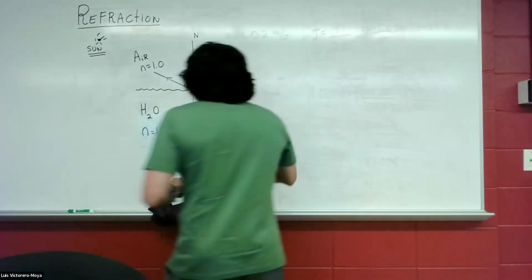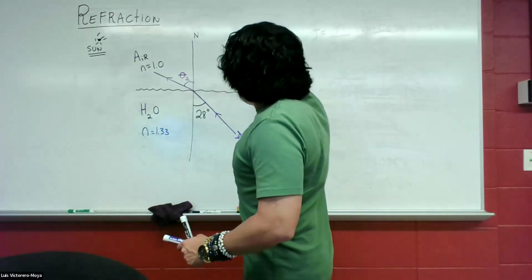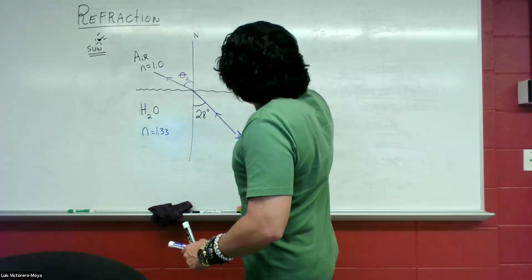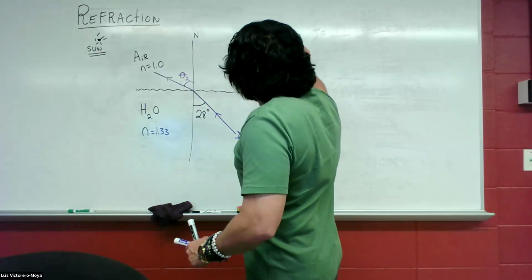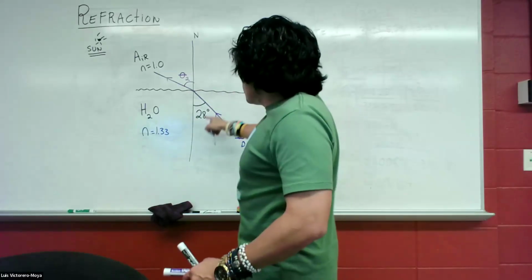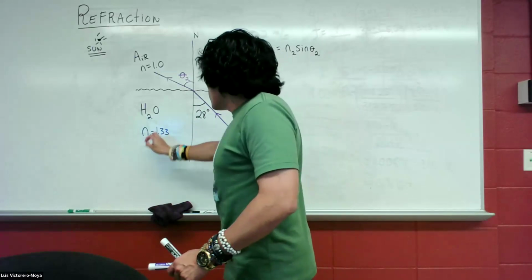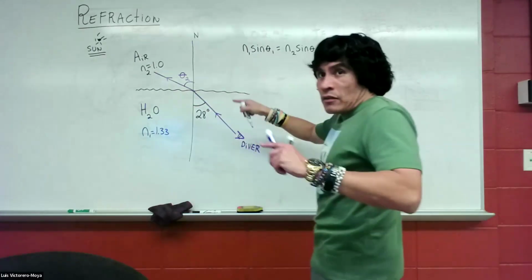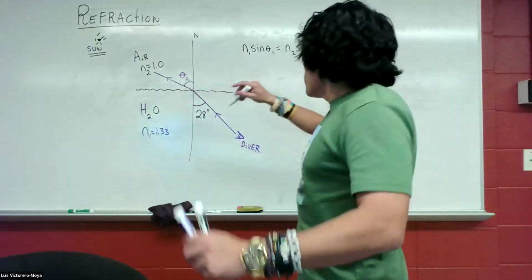So if I apply Snell's law here, I get n1 sine of theta 1 equals n2 sine of theta 2. Now, that's theta 1 for n1 and theta 2 for n2. Yeah, I know. Normally, air is the first medium, but not in this case. You're going from water to air.